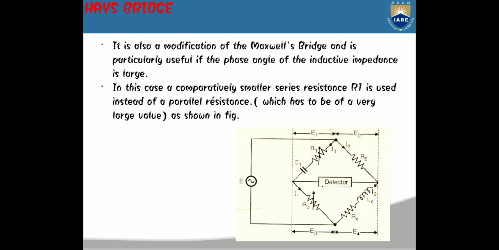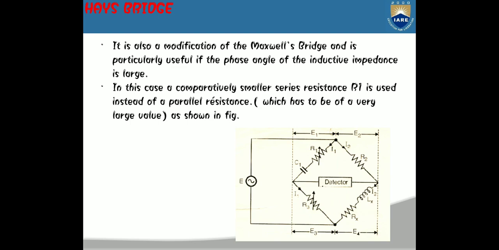It cannot be used for the measurement of high Q values. It is also unsuited for coils with low Q value, less than 1, because of balance convergence problems. Its use is limited to the measurement of low Q values from 1 to 10.